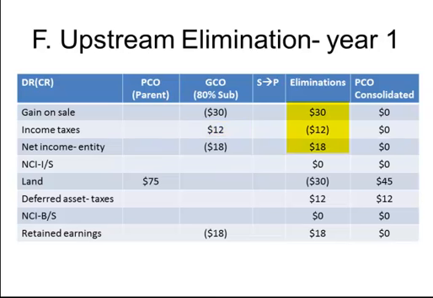On a consolidated basis, however, the transaction gets nullified as the land has yet to actually leave the bubble. As a result, the gain gets reversed and the land carrying value reset to GCO's original cost of $45 in the consolidation working papers. The taxes paid by GCO get deferred in a deferred tax account as if the entity had prepaid taxes on the gain it has yet to recognize for accounting purposes.